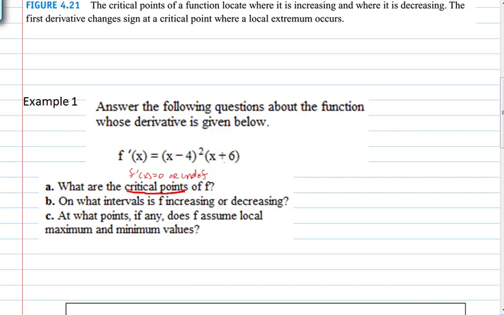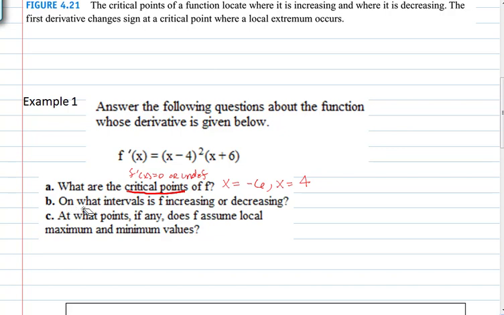So where are our critical points going to be here? At x equals -6 and x equals 4. All you do is you set each one of these factors equal to 0. This is why we like having everything factored. That's why on the test I wanted to know how to get everything factored properly, because I knew this was coming.